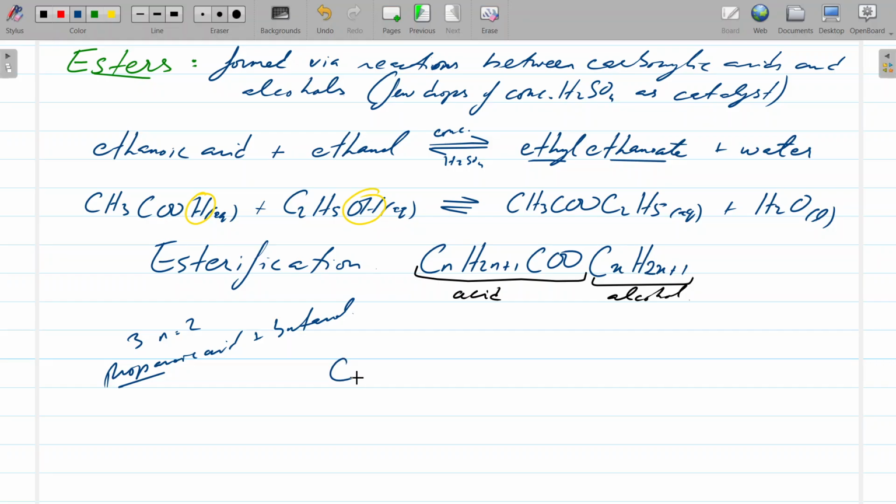So you get C2, H2n+1 is H5, COO. Then butanol, in this case x, is 4 carbons, so you're getting C4H2x+1, that's H9. And so this is the molecular formula for a reaction between propanoic acid and butanol.